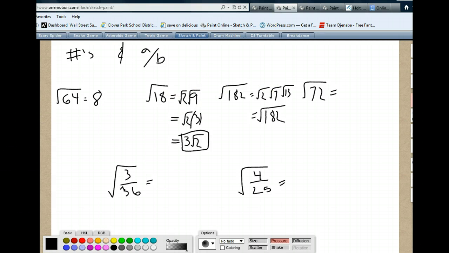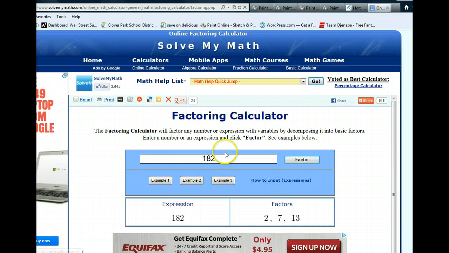Here we have something that's perfect, and I know the answer immediately. Here I have an answer that's not perfect and an answer that is perfect, and I get this answer here. I get something where I can't do anything with it. And then the last problem, as far as just numbers go, is 72.